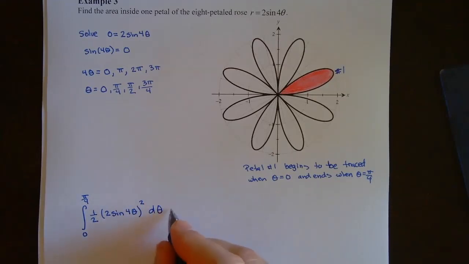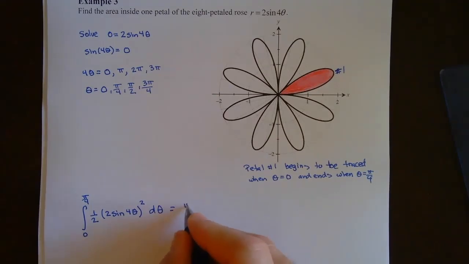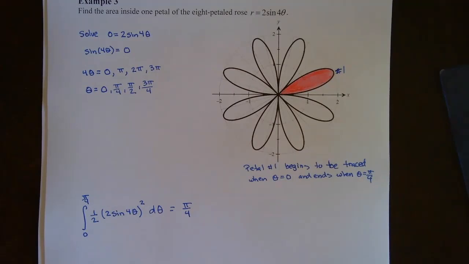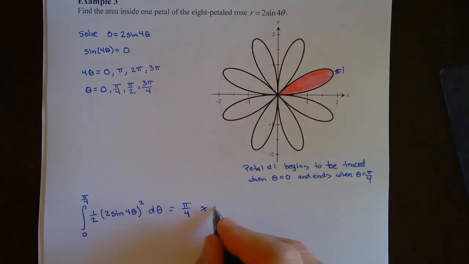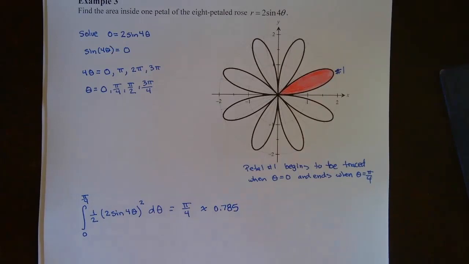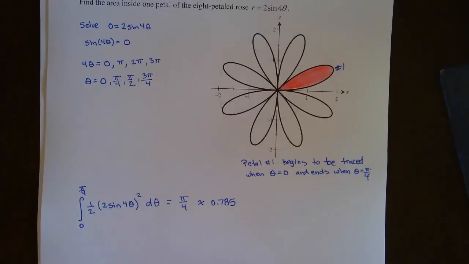This comes out to be pi over 4 if we did it all by hand. I don't expect you to do it by hand. If you put this into the calculator, you get 0.785. I'm not showing you the calculator today just to speed things up. Let's go to the next one.